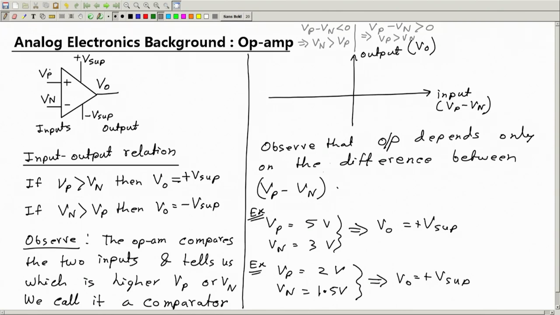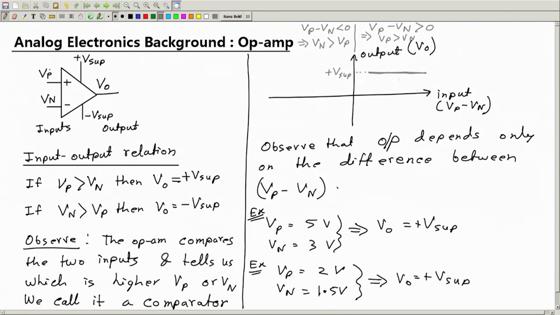And now what does the rule say? If VP is higher, output will be positive. So here we will have a positive output whose value will be equal to plus V supply, and it doesn't depend on the difference actually.